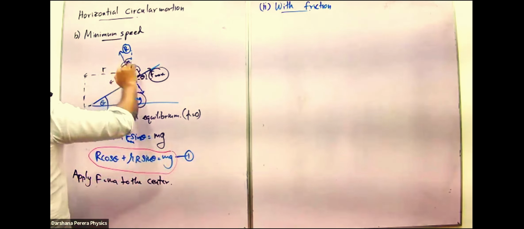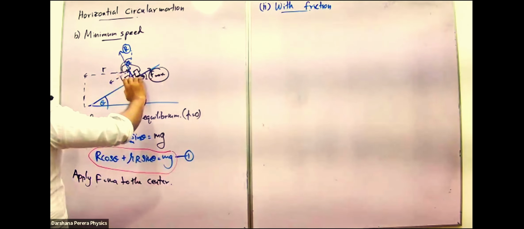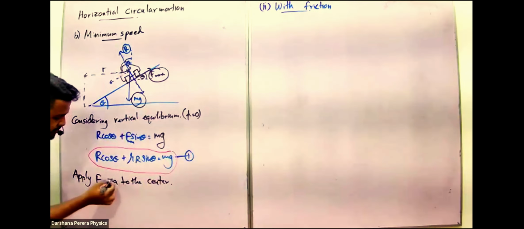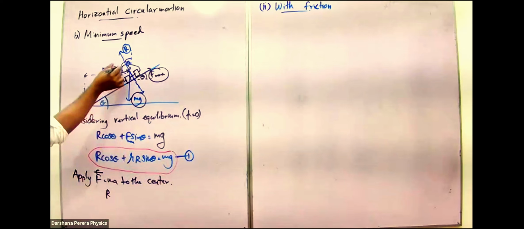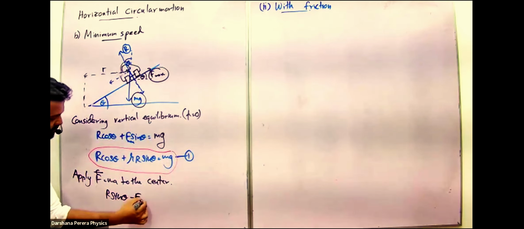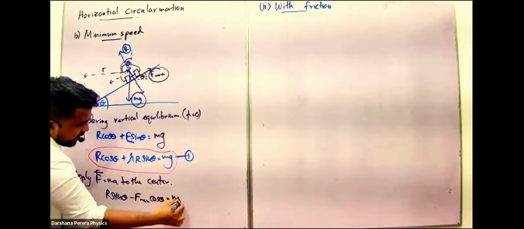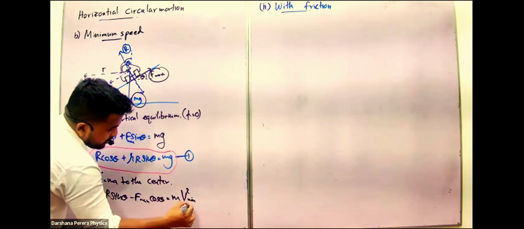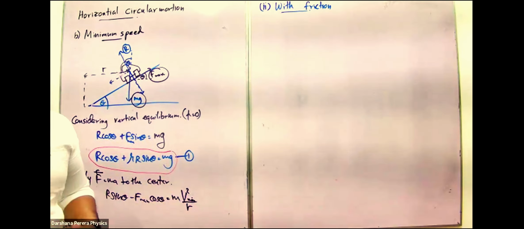R sin theta in this direction, F cos theta in that direction. The center is in this direction. So applying F equals ma, R sin theta minus F max cos theta equals m v square min over R.